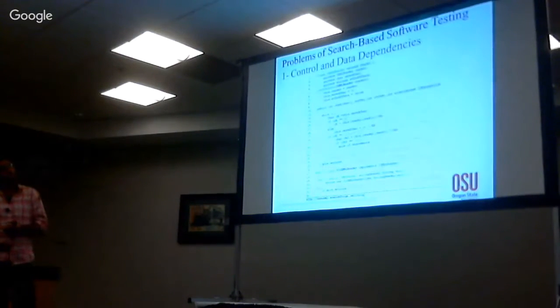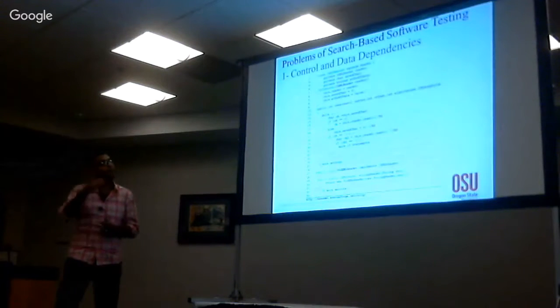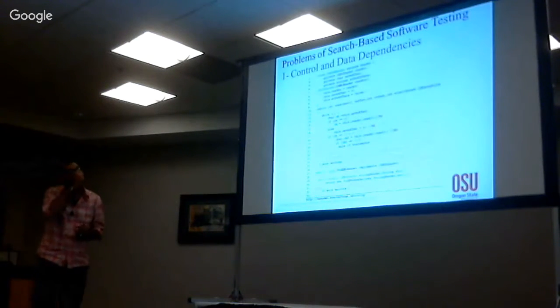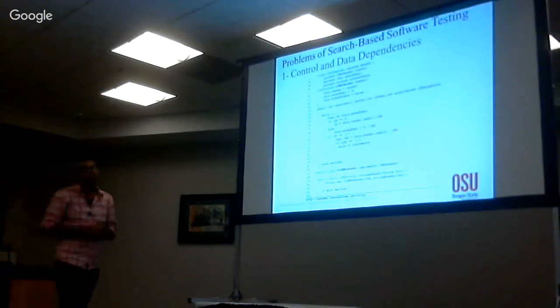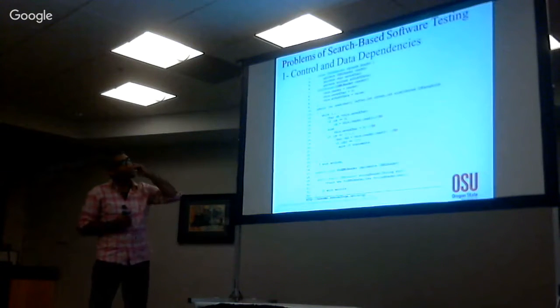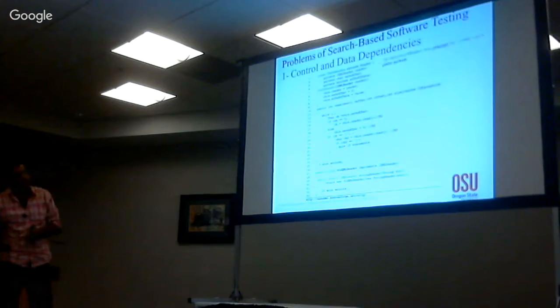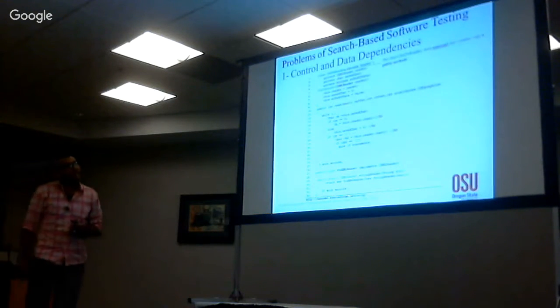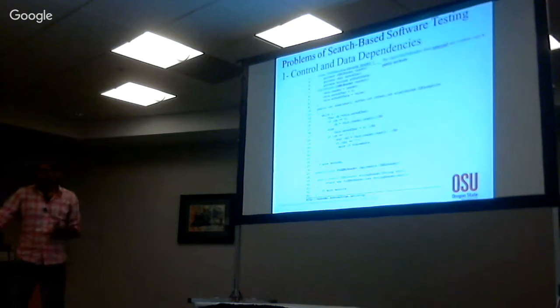Some problems that we noticed during our experiment are control and data dependency. Take this class as an example, taken from the NanoXML project. It only contains 4 public methods.